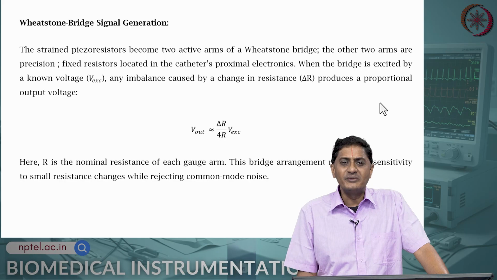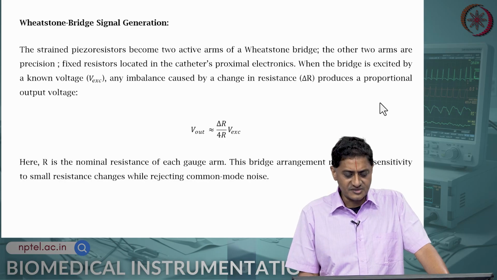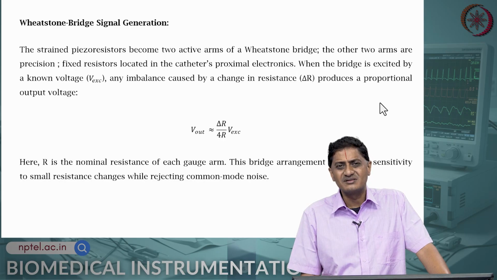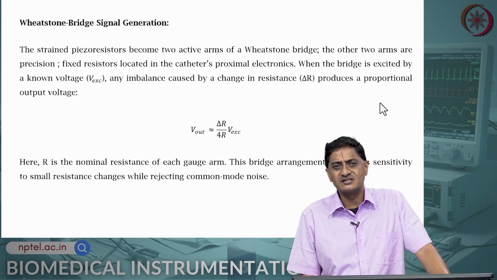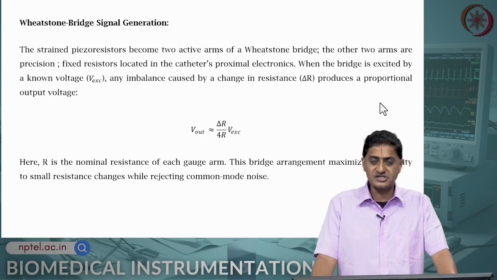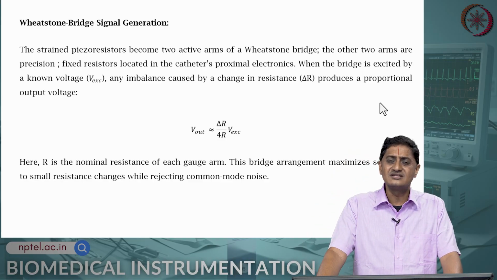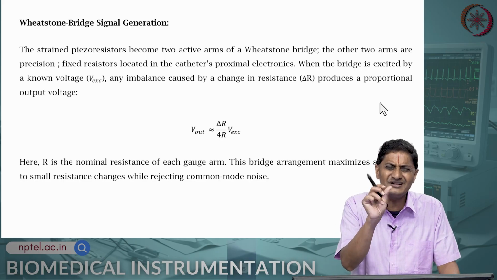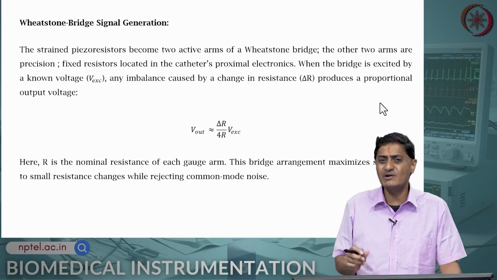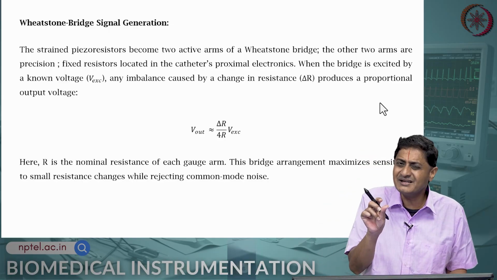if the nominal resistance of each of the 4 gauge arms is the same. Sometimes the number of gauge arms is increased to 8. This bridge arrangement improves sensitivity in a very big way, even to really tiny changes in resistance. When will the resistance change by a teeny tiny bit?